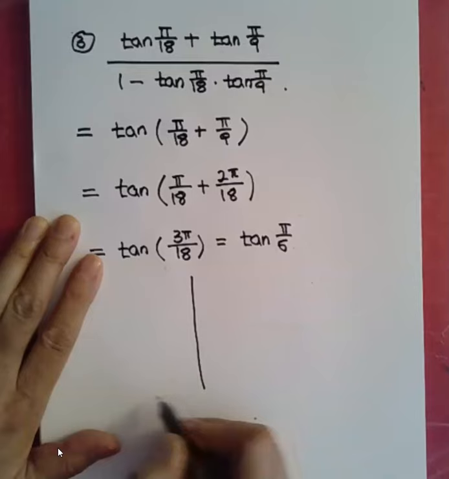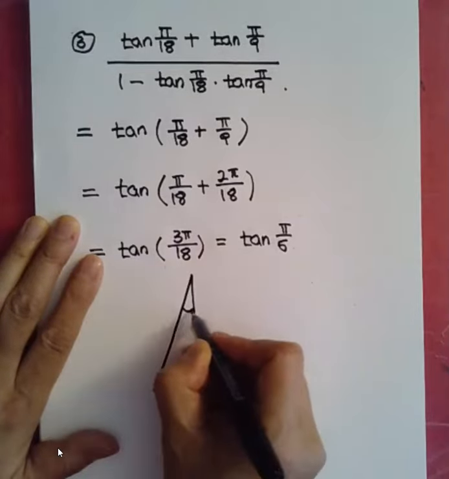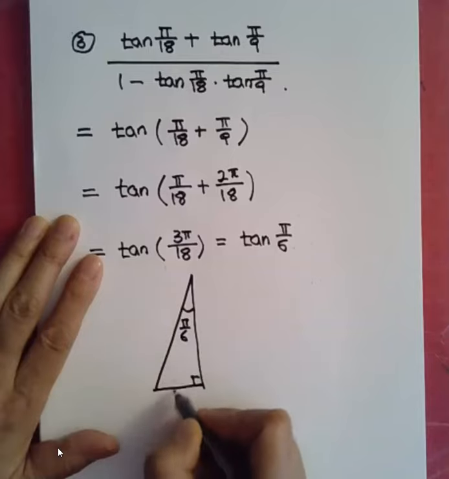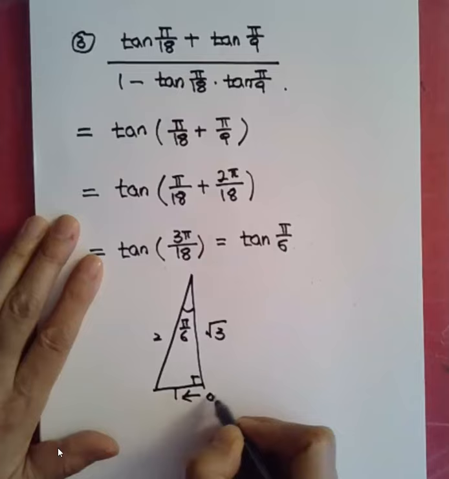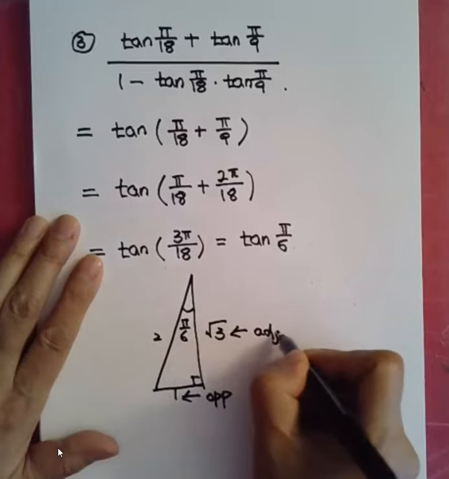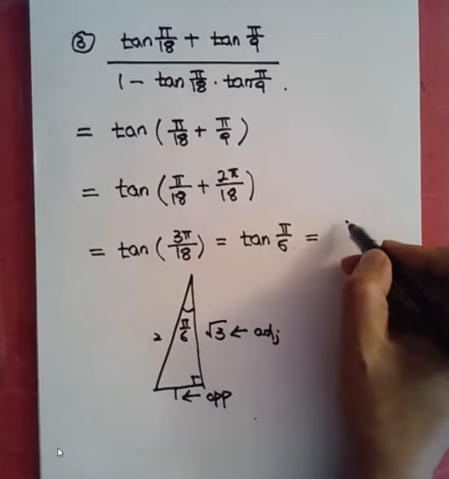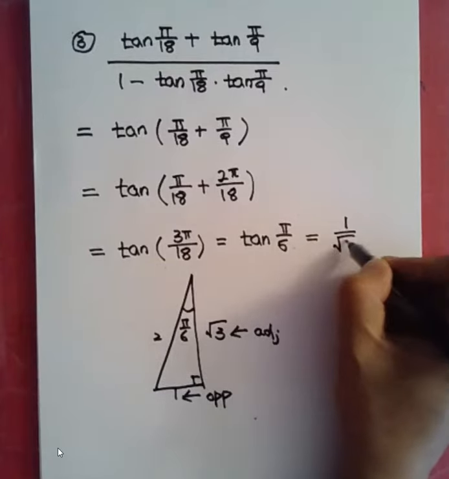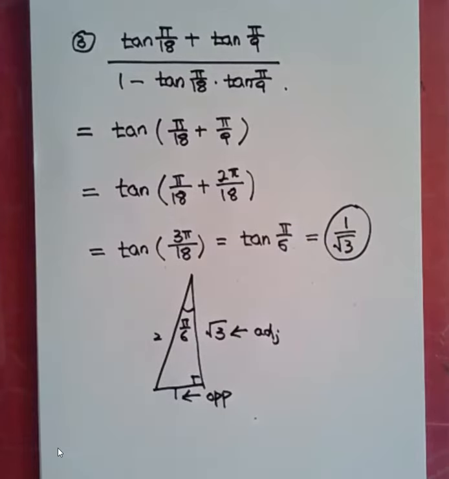Let's draw the triangle. Here is pi over 6, 1, 2, square root of 3. This is opposite, and this is adjacent. And tangent is opposite over adjacent, so that is 1 over square root of 3. So the final answer is 1 over square root of 3.